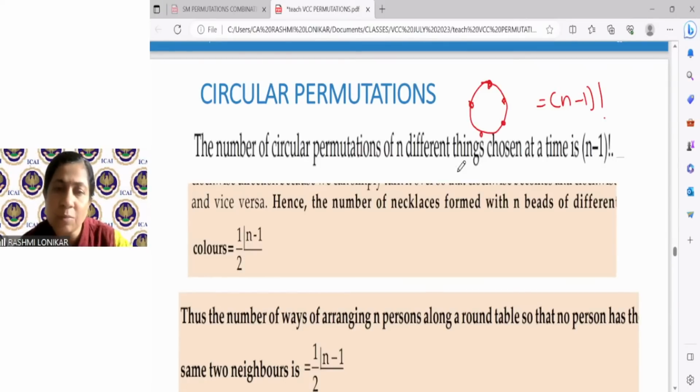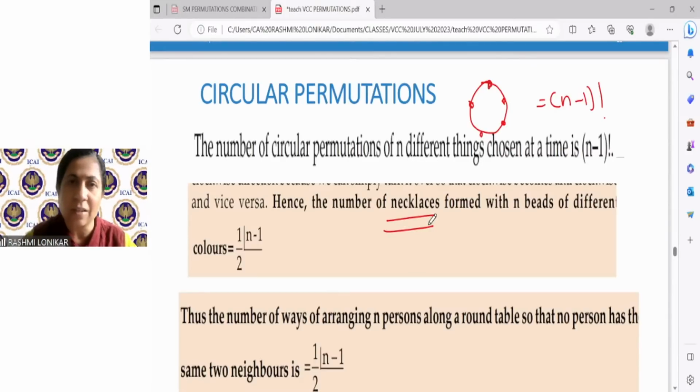Now, when it comes to necklaces, because people can be identified, but in a necklace the front portion and back portion, like in the case of beads, we are talking about necklaces made of beads, not gold jewelry.